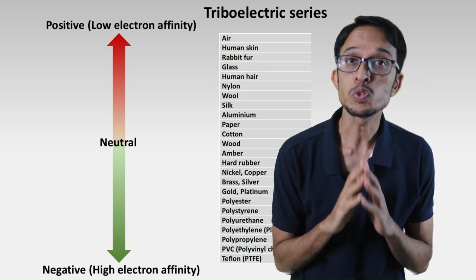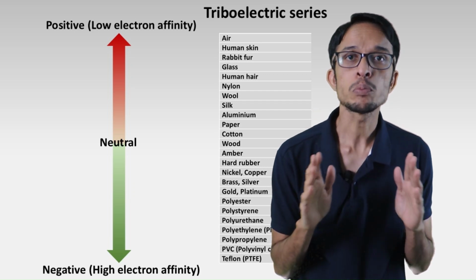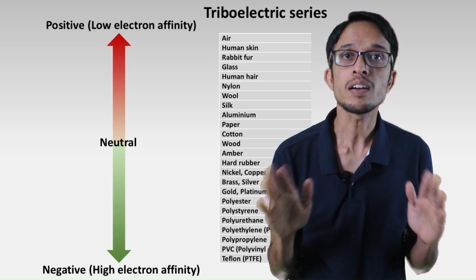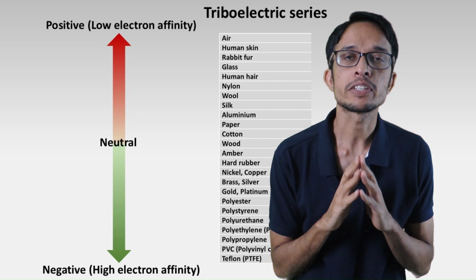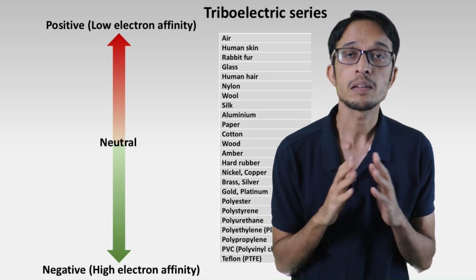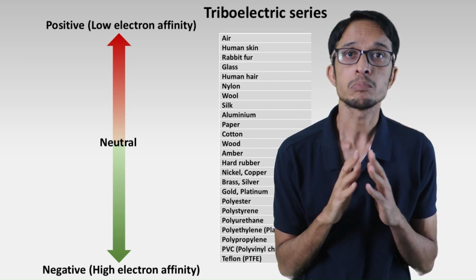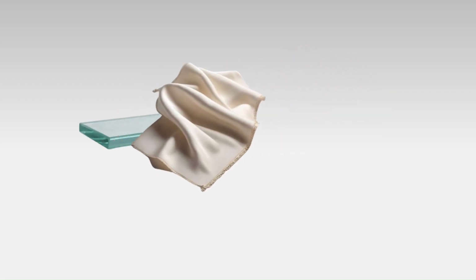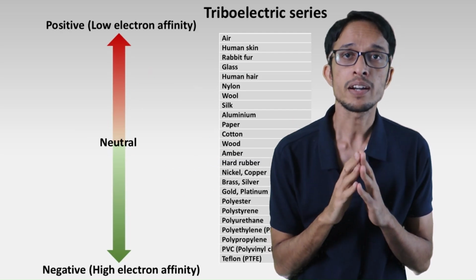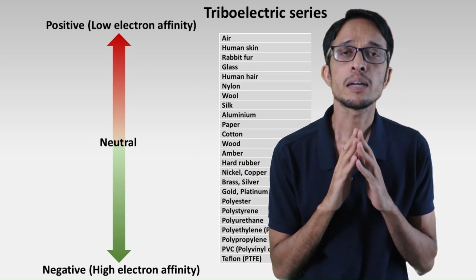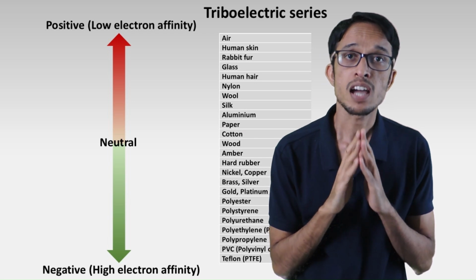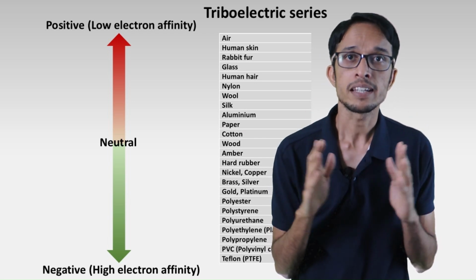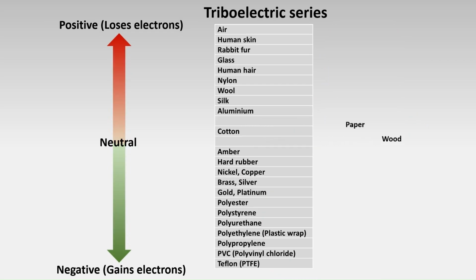Triboelectric series is a useful tool, but we need to be aware that it is not reliable for precise predictions. It is not reliable because, apart from charge affinity, factors such as surface roughness, duration of contact, and the pressure applied during contact can significantly impact the process of charge transfer, thereby changing the position of the material in the list.